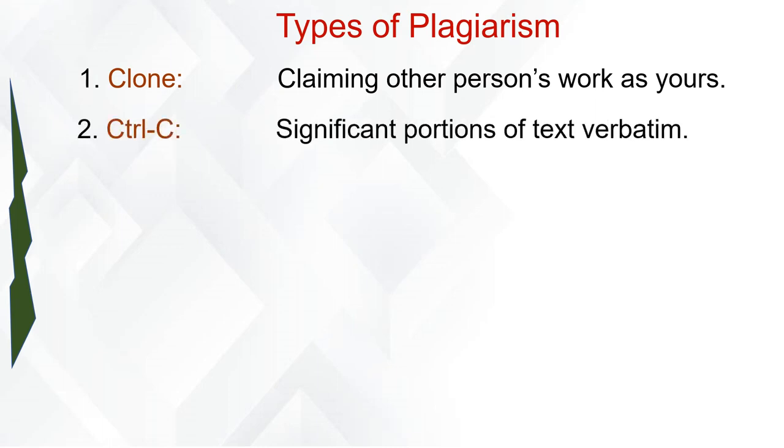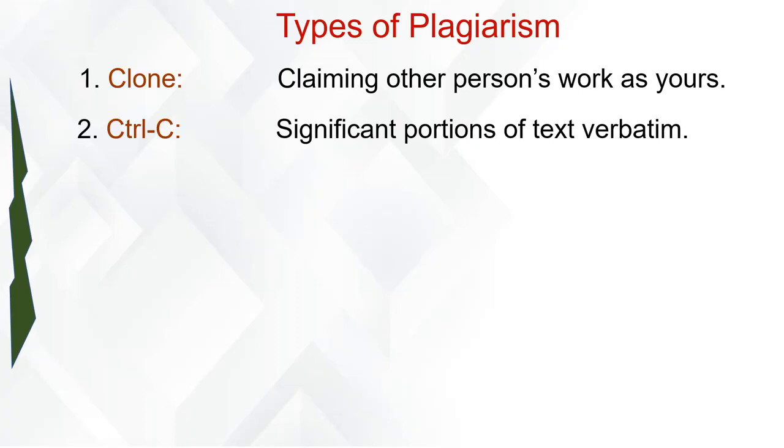The second one is Control C, and every one of us knows what Control C means. We all use computers, we all use MS Office, and many times we use Control C on our keyboards, which is nothing but copy and paste. So here, what does it mean?